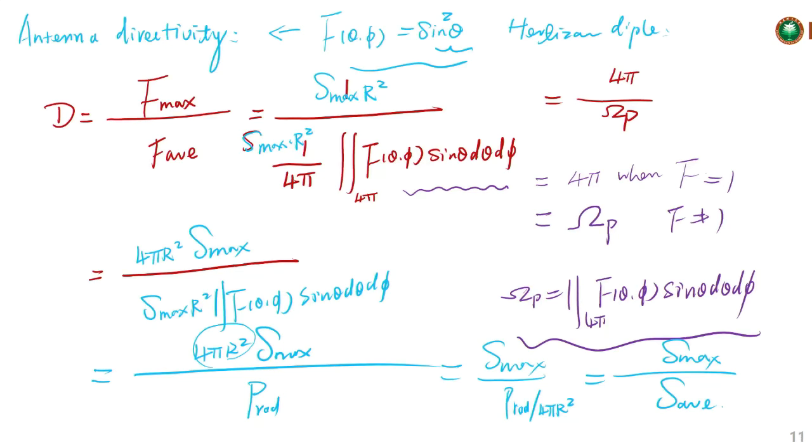So it can be expressed by the normalized radiation intensity, and also by the power density. These two kinds.